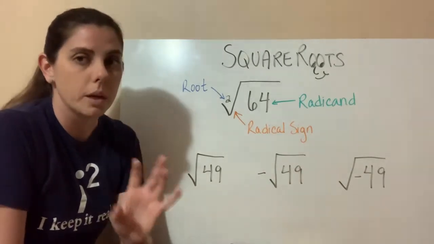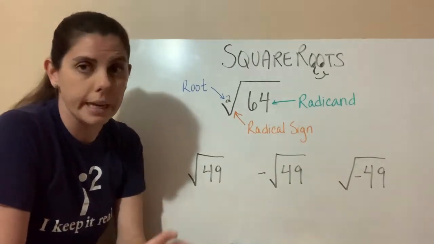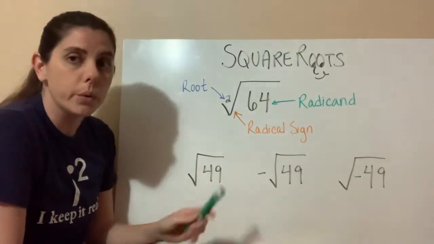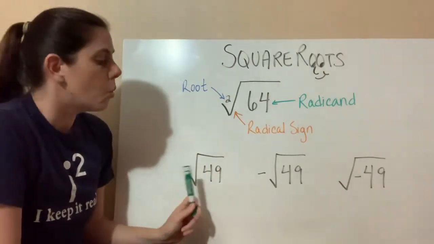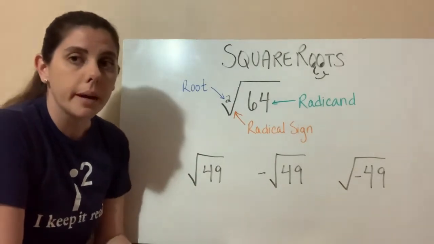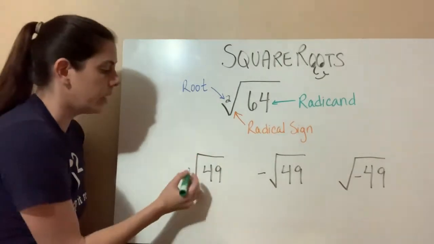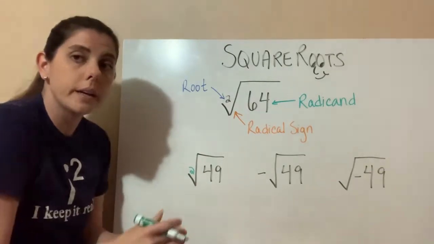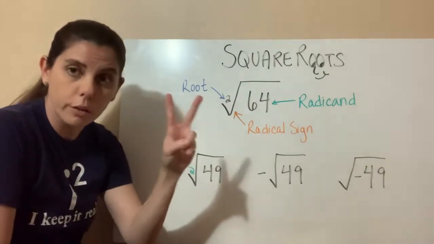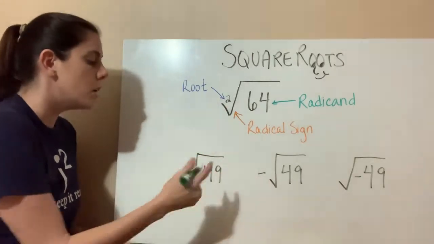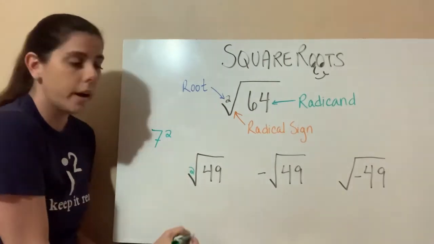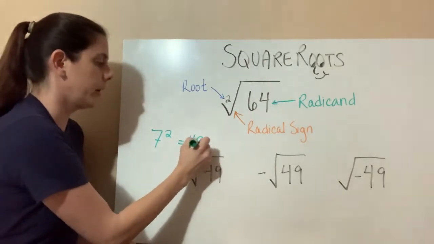And then another couple concepts that we've gone over, just want to make sure that we have a good understanding of, is in our first problem we have what we call the square root of 49. So what number multiplied by itself twice, because again, even though this 2 isn't here, there's an invisible 2 there. So what number multiplied by itself 2 times is going to equal 49? Well, 7 squared is going to equal 49, correct?